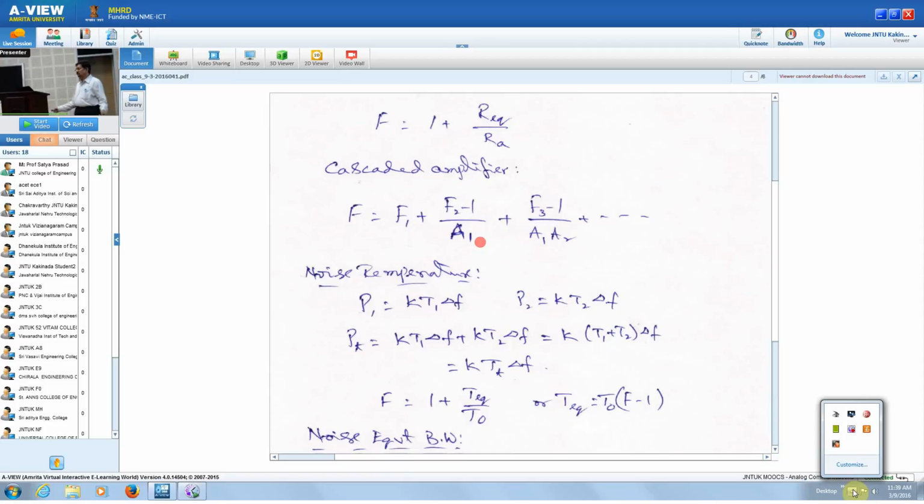In relation to our signal-to-noise ratio and noise figure metric, sometimes we also use the noise temperature as a comparative measurement.